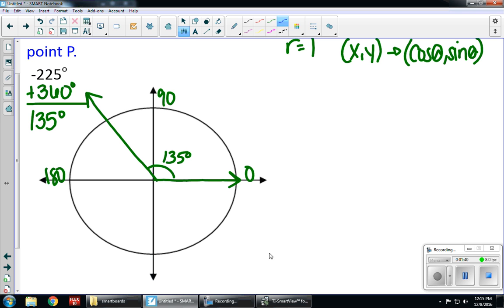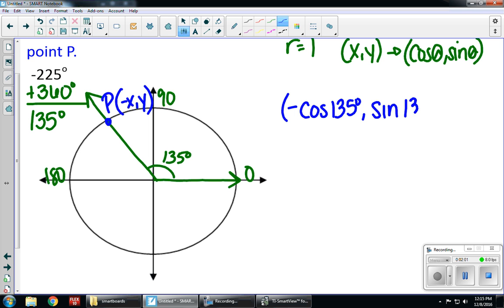So I'm looking for this point over here, P. And because I'm in quadrant 2, that point is going to be negative x, positive y, because I went to the left, so x is negative, and I went up, so y is positive. So negative cosine 135 degrees, comma, sine of 135 degrees is what I'm looking for.